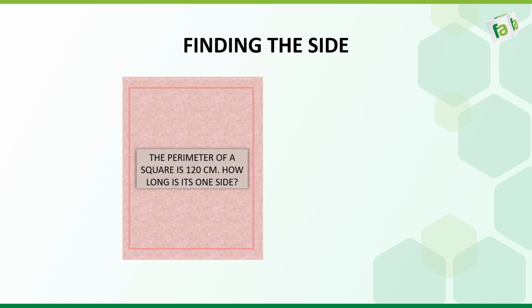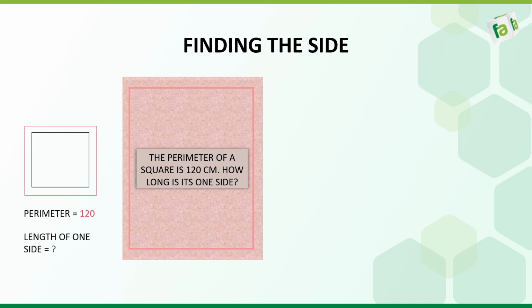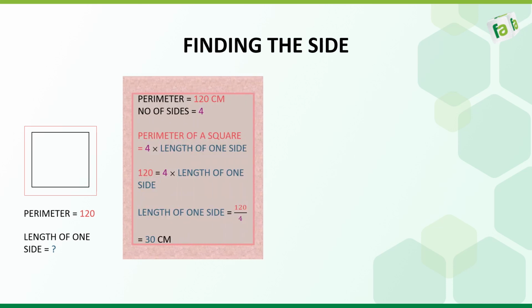Now, we have to find the length of the side of the figure. The perimeter of a square is 120 centimeters. We have to find how long is its one side. Let's find the answer. Perimeter is 120 centimeters. Number of sides is equal to 4.